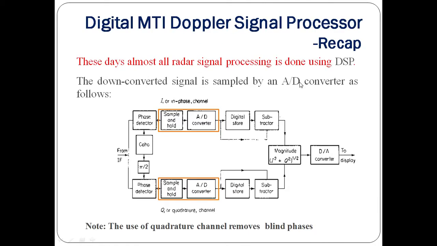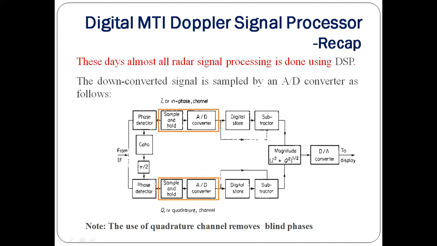A quick recap from the previous lecture. We have discussed already the block diagram description of this MTI Doppler signal processor, which has an in-phase channel and a quadrature phase channel, and both channels differ by a 90-degree phase angle, and how the information is recovered completely with the help of these two channels.